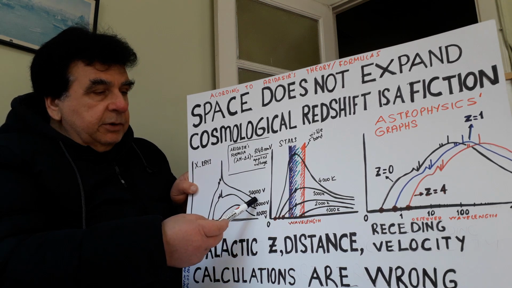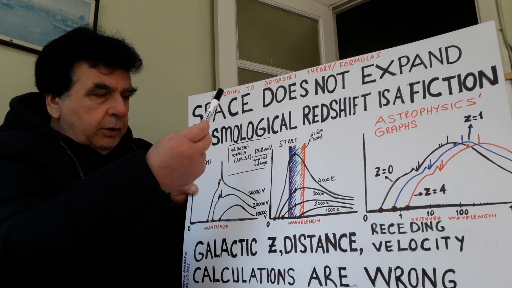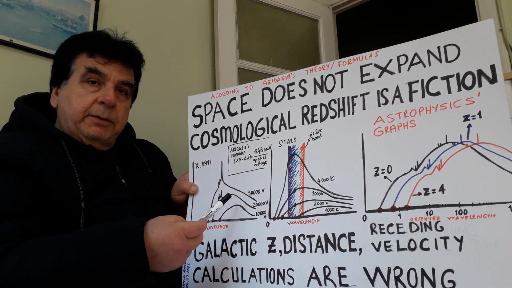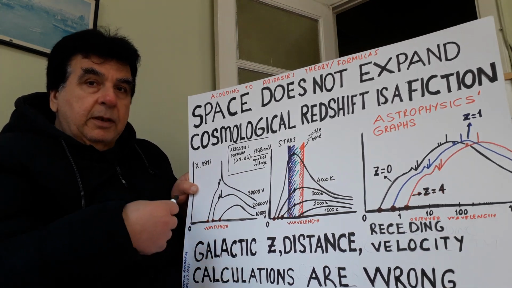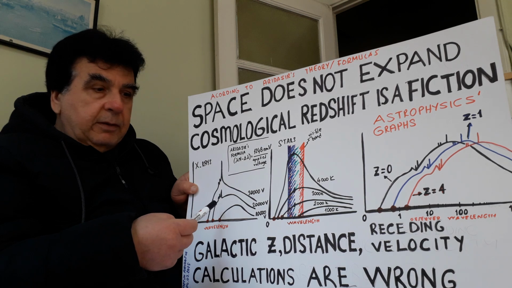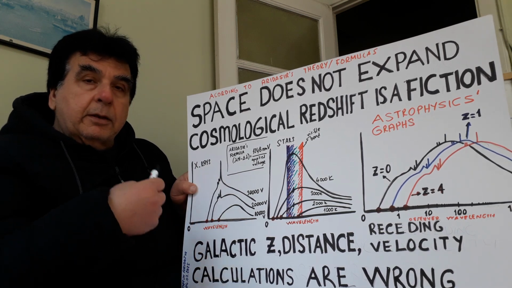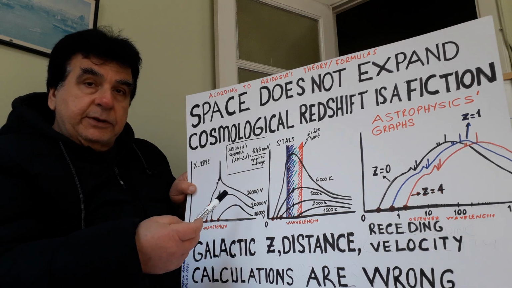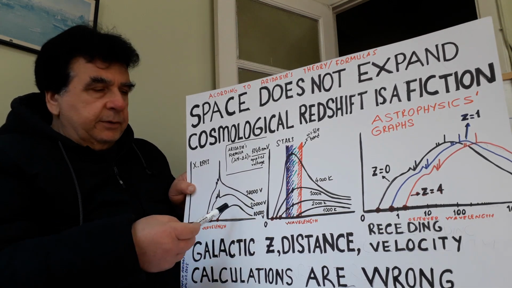But when you apply 30,000 volts, electrons will have greater energy, more energetic, and their velocities will increase.